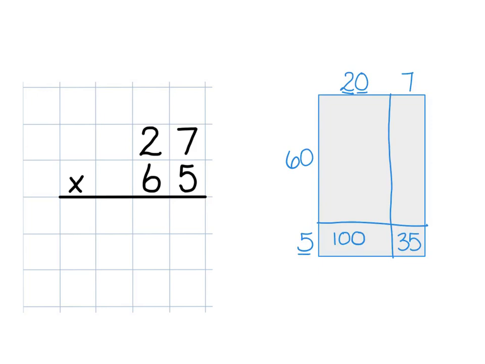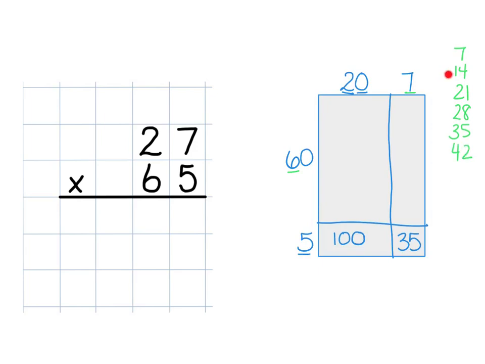Now I'm going to multiply 7 times 60, and that will give us our answer here. So if we don't know what 7 times 60 is off the top of our head, we need to multiply 6 times 7. If you don't know that, you should be writing it on the side. 7, 14, 21, 28, 35, 42. That is 6.